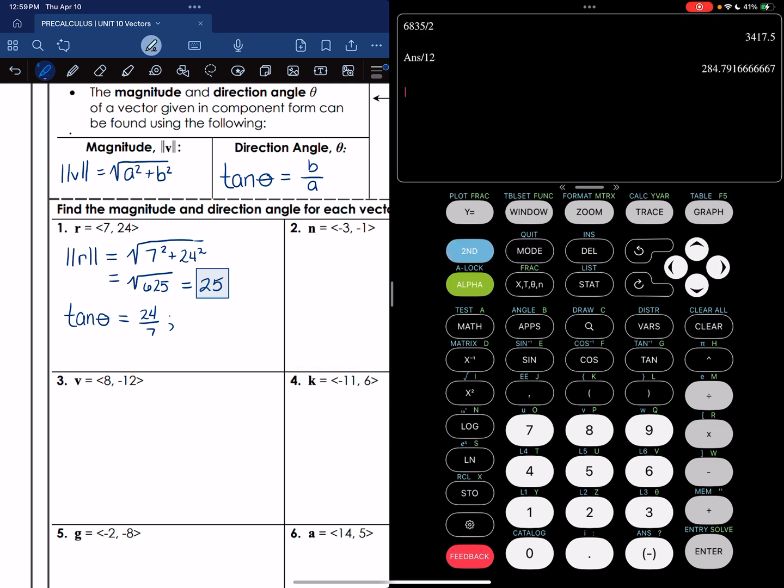We're going to do inverse tangent of that ratio, which was 24/7. And in degrees, we'll go ahead and round it, our angle is 73.74 degrees. So there's the magnitude and the direction for this vector.